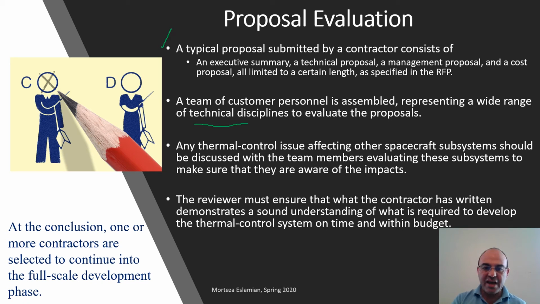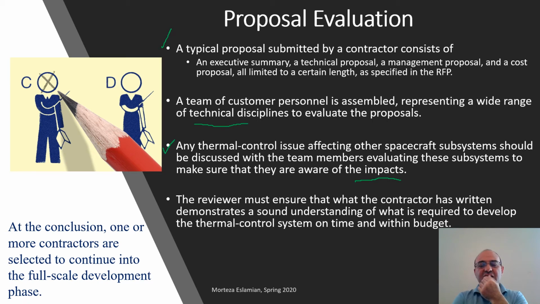All of these must be in that group in order to be able to evaluate the proposals. So any thermal control issue affecting other spacecraft subsystems should be discussed with the team members evaluating those other subsystems to make sure that they are aware of the impacts. Sometimes when the responses to proposals come in, it's possible that the company has not considered some aspects.